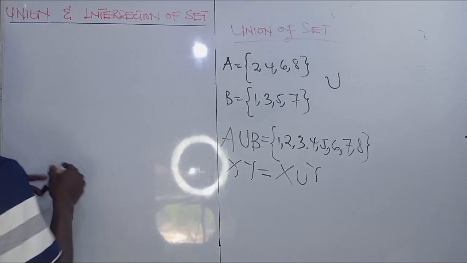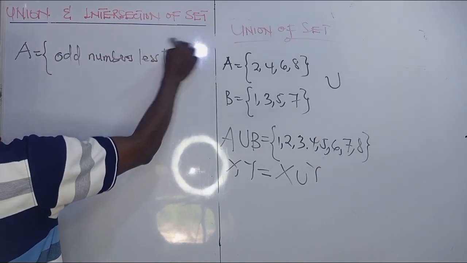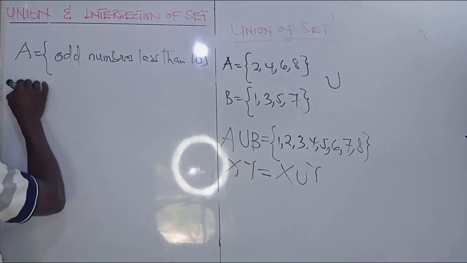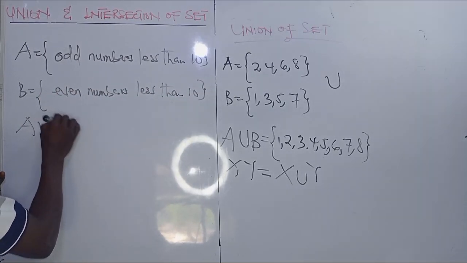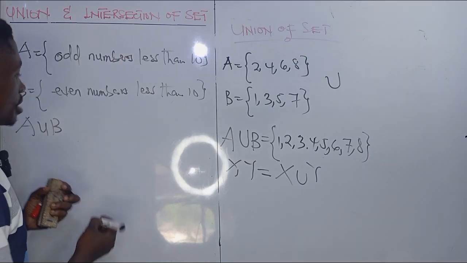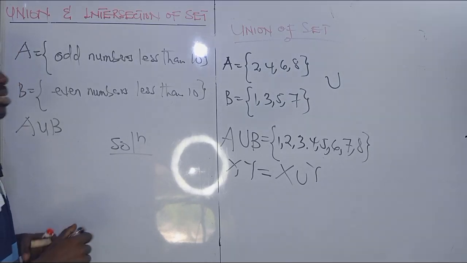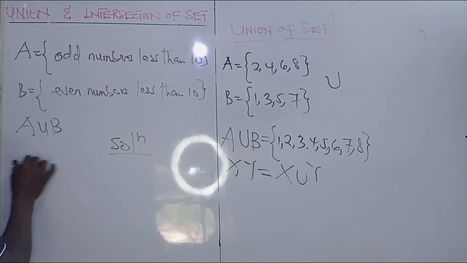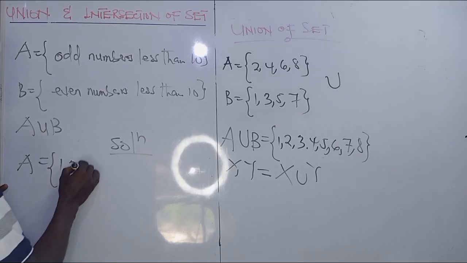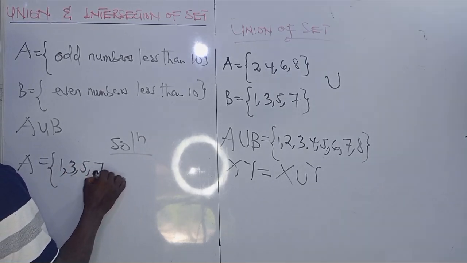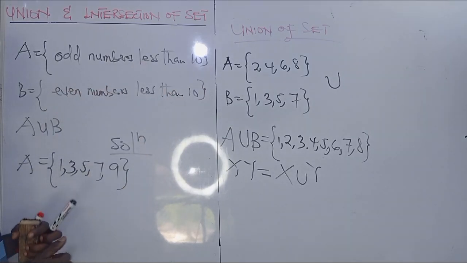Let's take it that you have set A, and then we have set B. Then we have to find A union B. So what we are going to do is first list the elements of set A and then set B. So set A, we have what? Odd numbers. We start from 1, move to 3, 5, 7, 9, because we are talking about odd numbers less than 10.